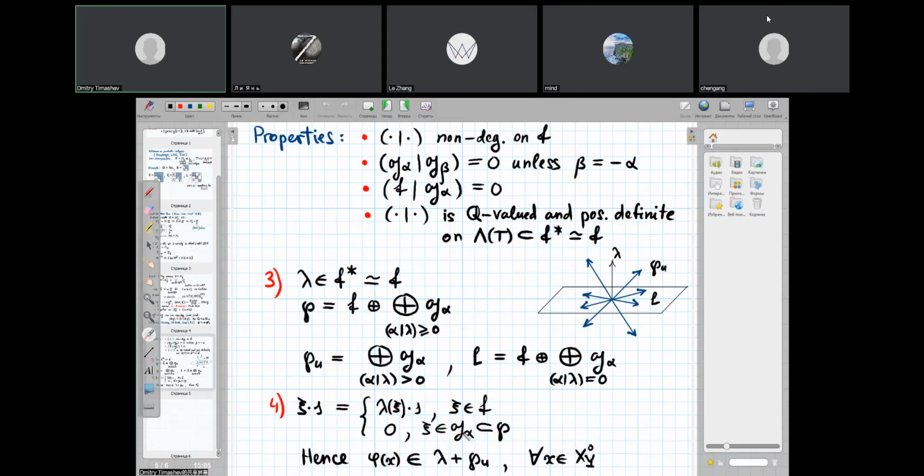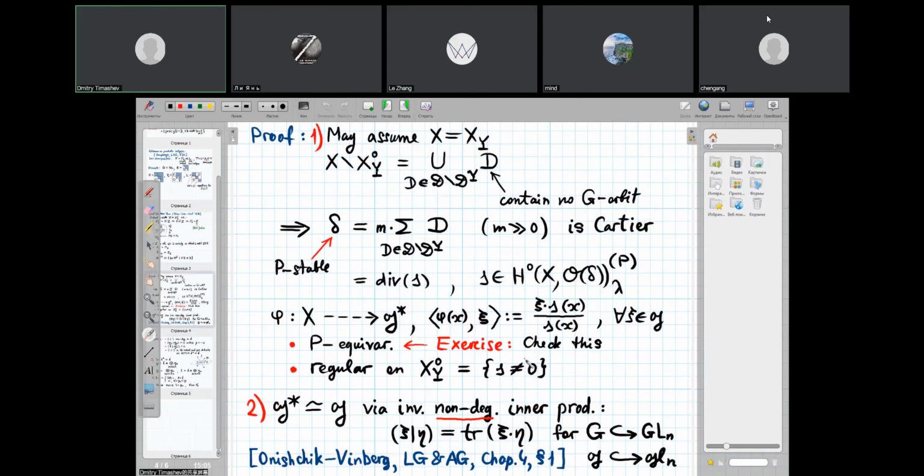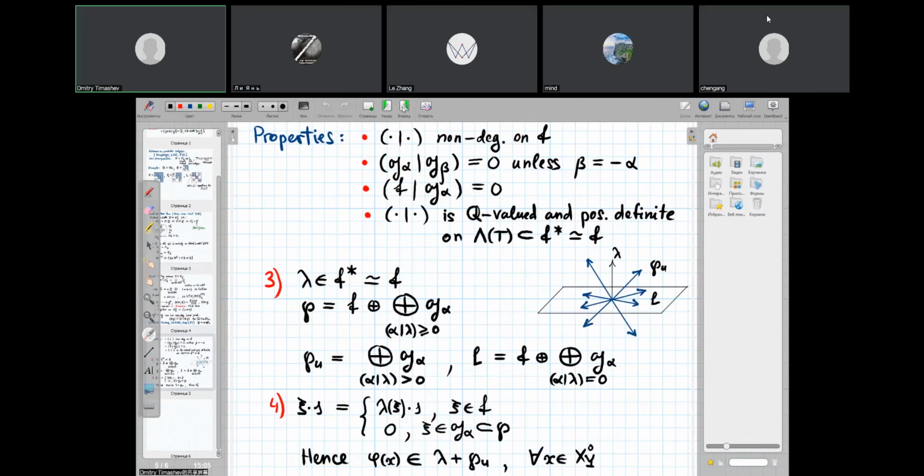If we identify this linear function with an element in G by this identification, then this element LG will be orthogonal to all these root subspaces. In view of this property, the orthogonal complement of all root subspaces in here will be just the root subspaces in PU. Because if we have a root subspace in P, then the only root subspace non-orthogonal to it is the root subspace corresponding to the opposite root.